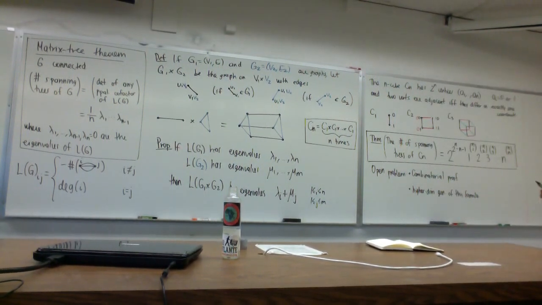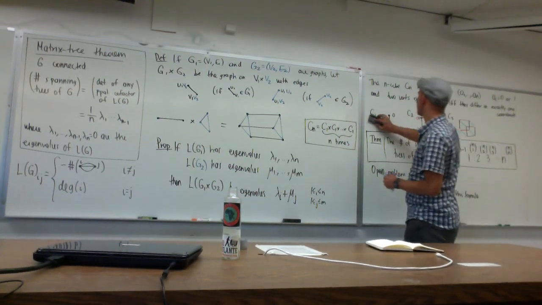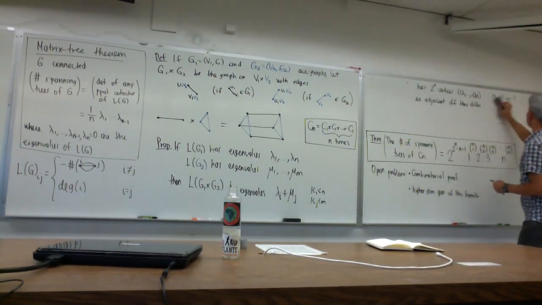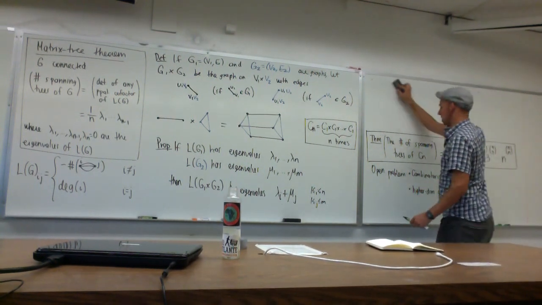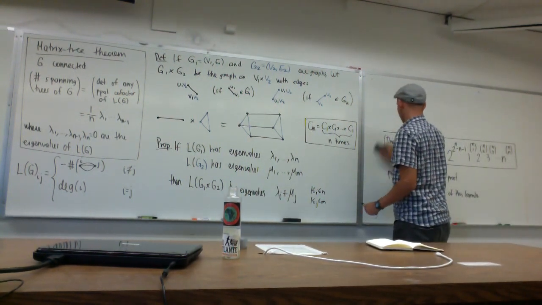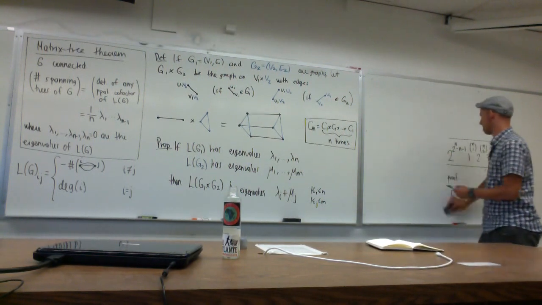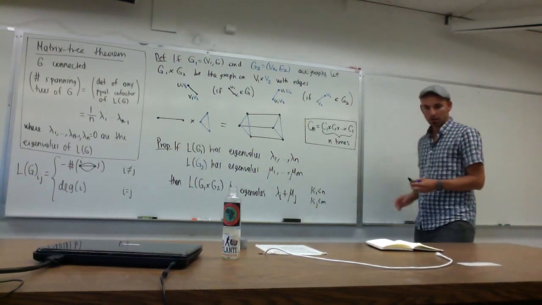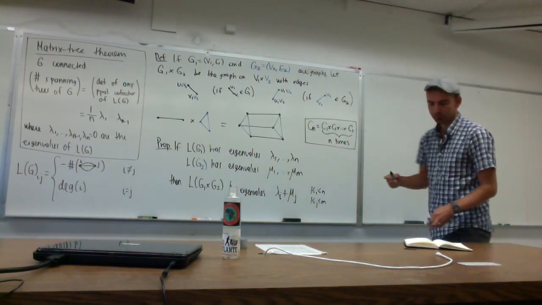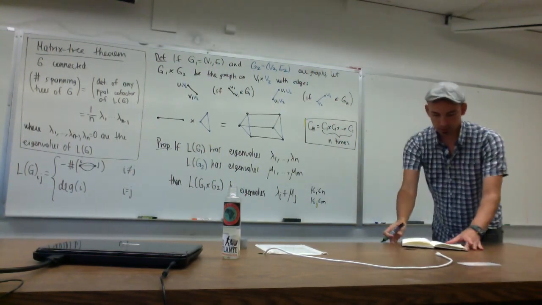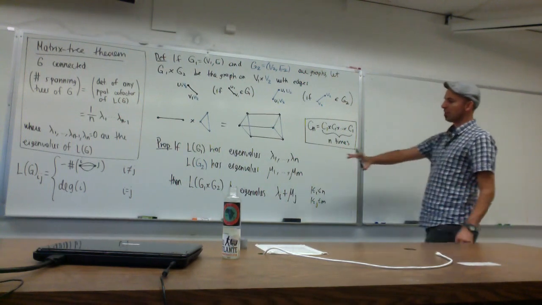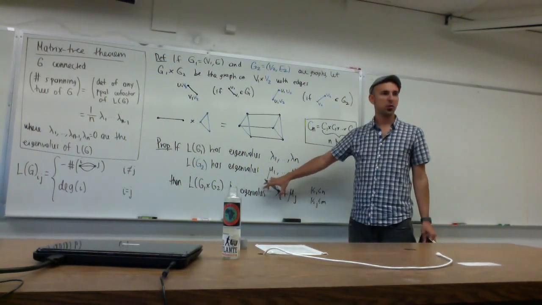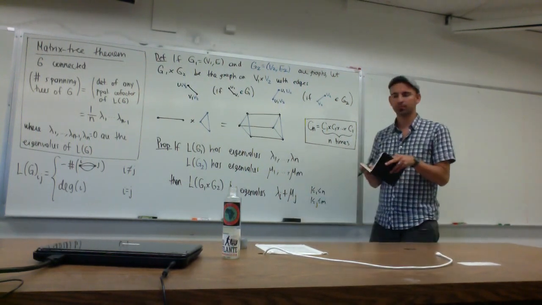So, okay, I'm gonna erase this beautiful formula to prove this fact. So let me take one eigenvalue here, lambda, an eigenvalue here, mu, and let me show that lambda plus mu is an eigenvalue here.